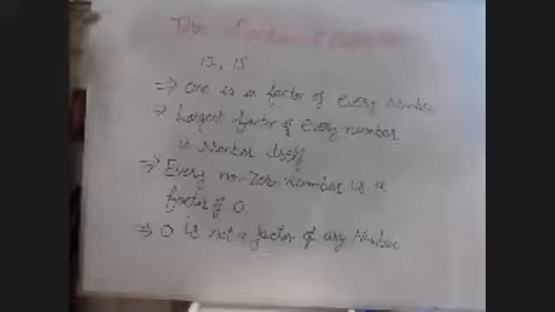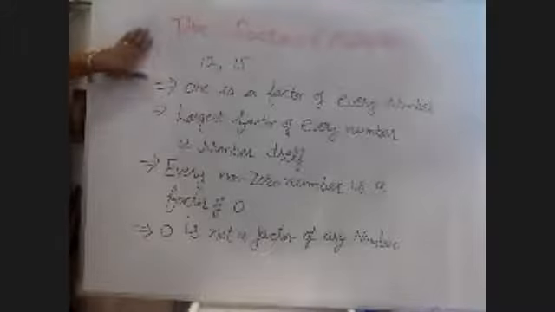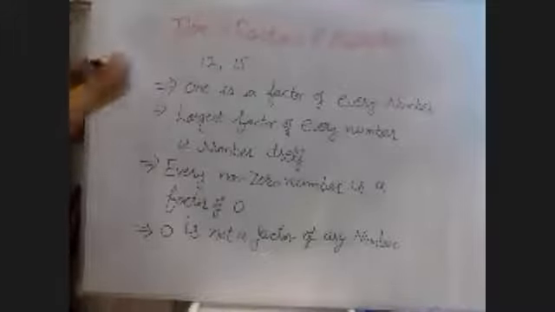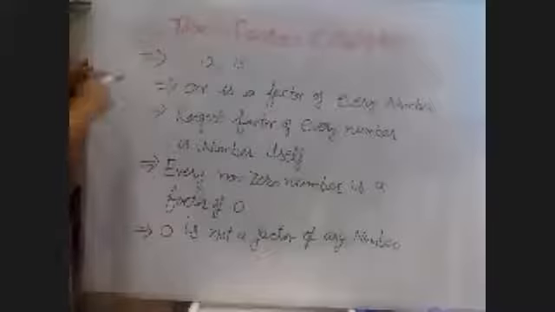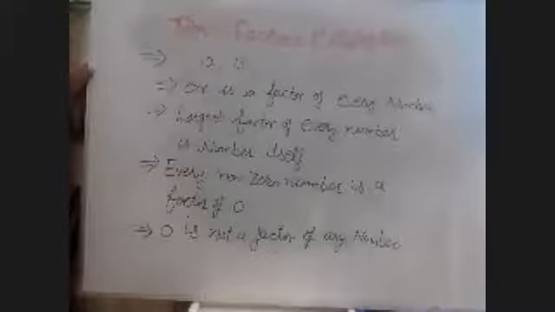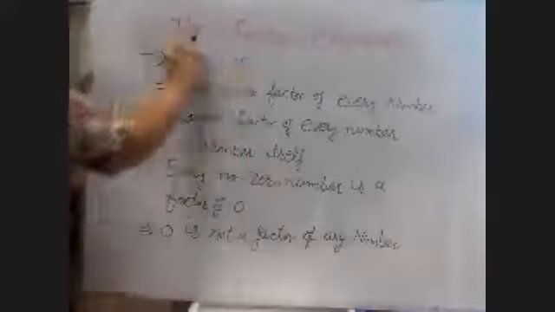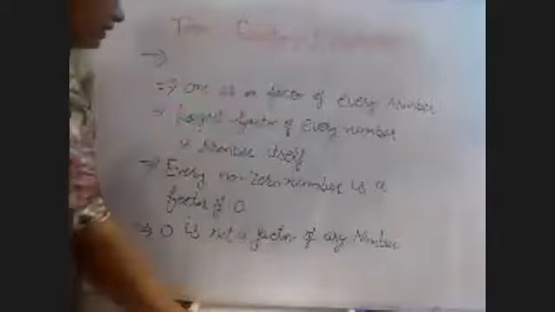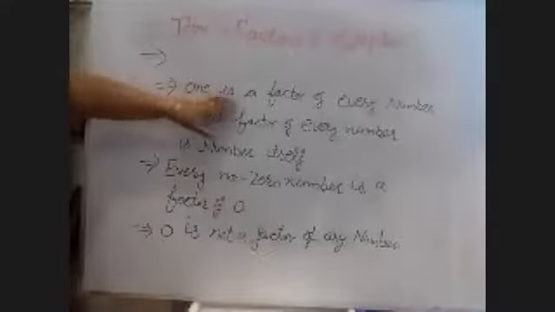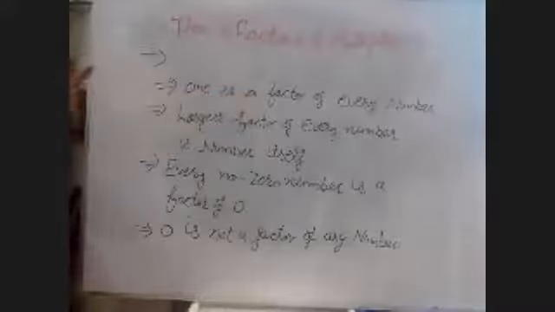These are a few points which we use when we solve this exercise. The first point is every non-zero number has limited factors. The second point is 1 is a factor of every number.